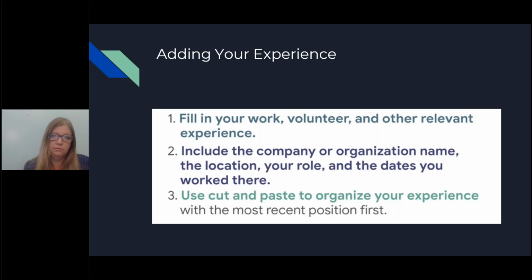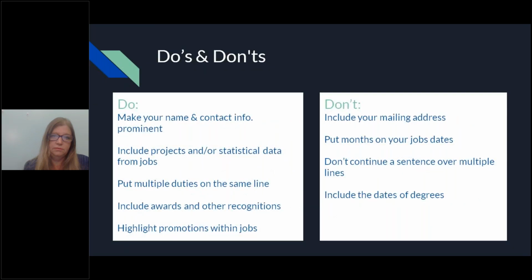Like if it was a volunteer opportunity, say you volunteered at the Y, that would be the organization name. Your role there might be volunteer, or you might be working with children's programs. So that stuff can substitute in as work experience. And then you want to make sure you have your most recent work experience at the top, and then you work backwards chronologically.